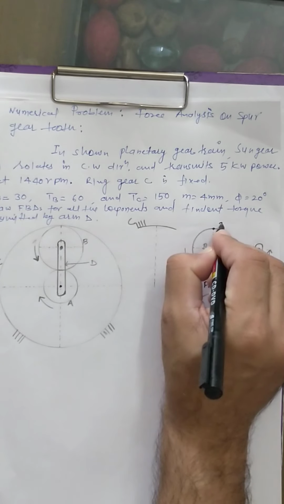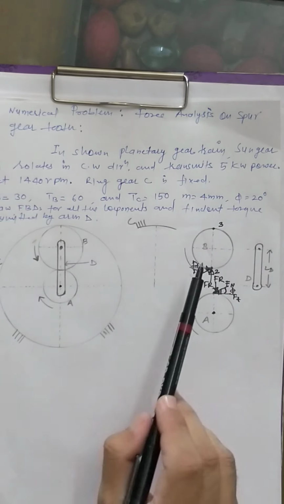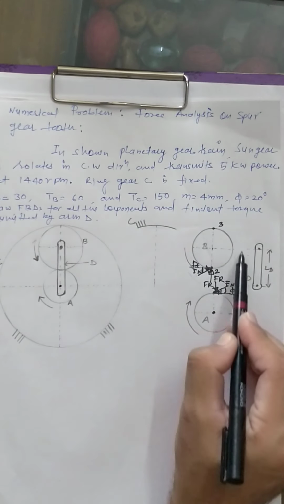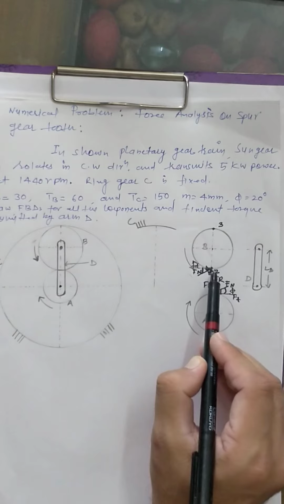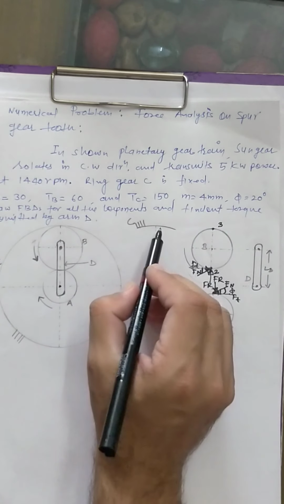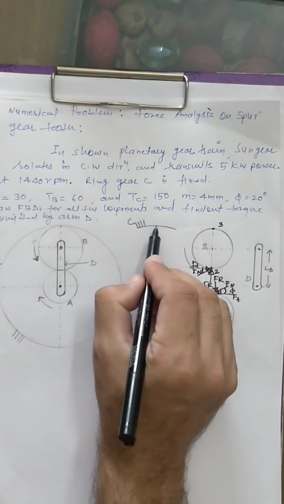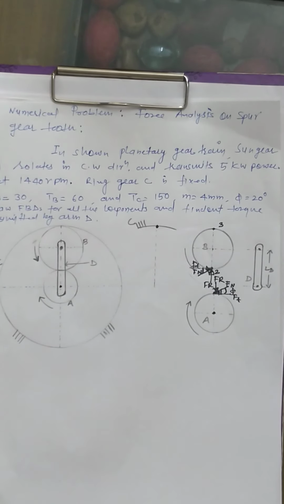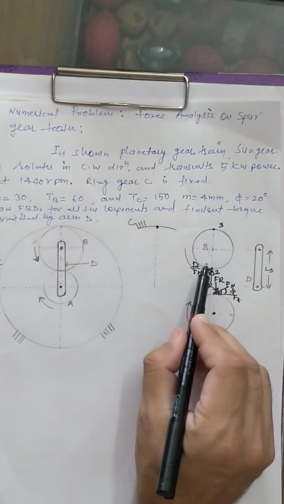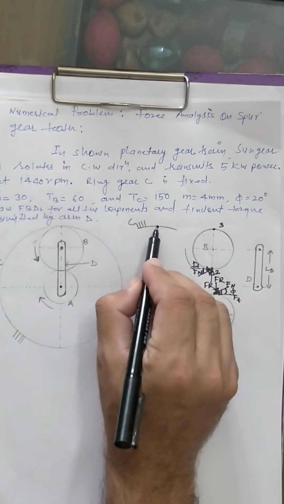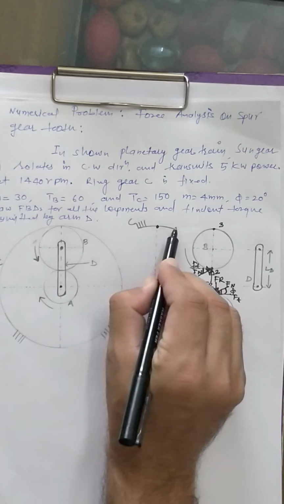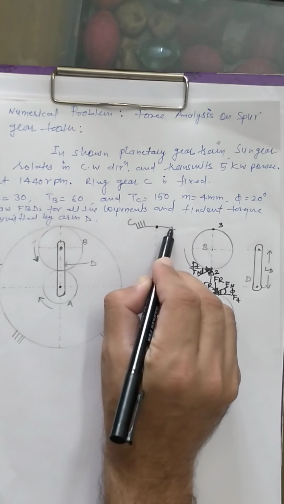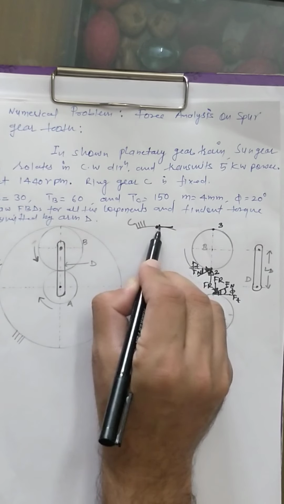Now we are going to discuss this point. This is suppose point number 3. So this gear B is rotating in anti-clockwise direction, and it is engaging with the fixed ring gear at this point. So here we can understand that this gear B will exert a force on C in this direction, or if we are talking about the tangential force, then that would be in this direction, Ft.